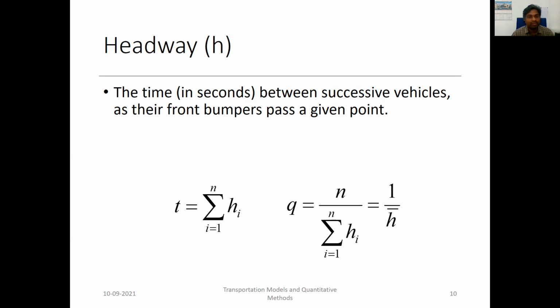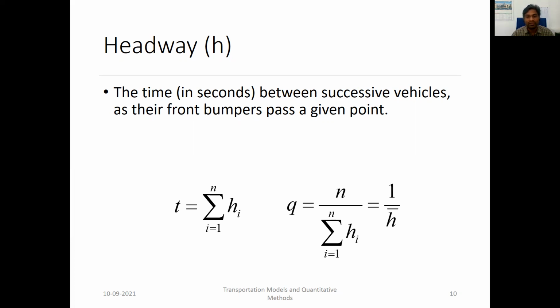So the measured time T is equal to the summation of all the individual headways, and the flow is equivalent to the number of vehicles divided by the summation of all the headways. So there we can obtain the relation between the flow and the time headway. Here, when you are obtaining a macroscopic quantity, that is flow rate or flow, then we are relating that macroscopic quantity with the microscopic quantity, the h i.